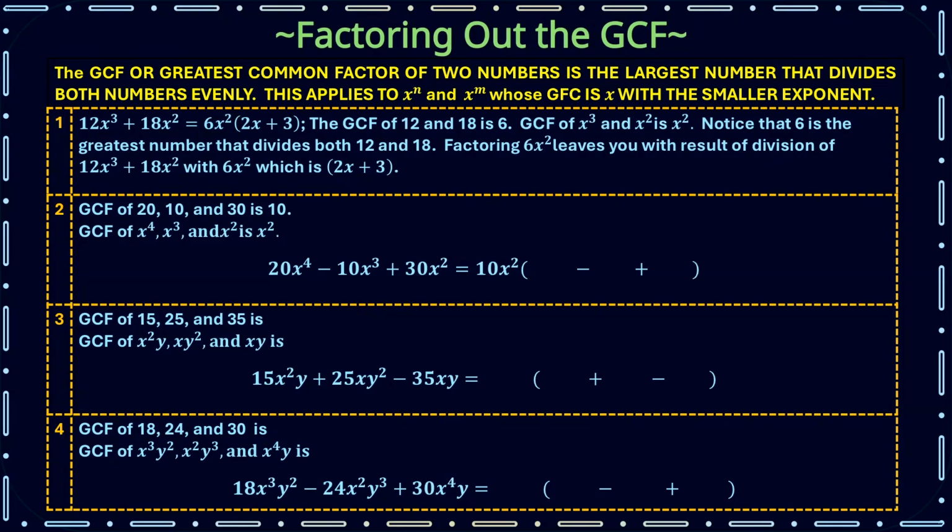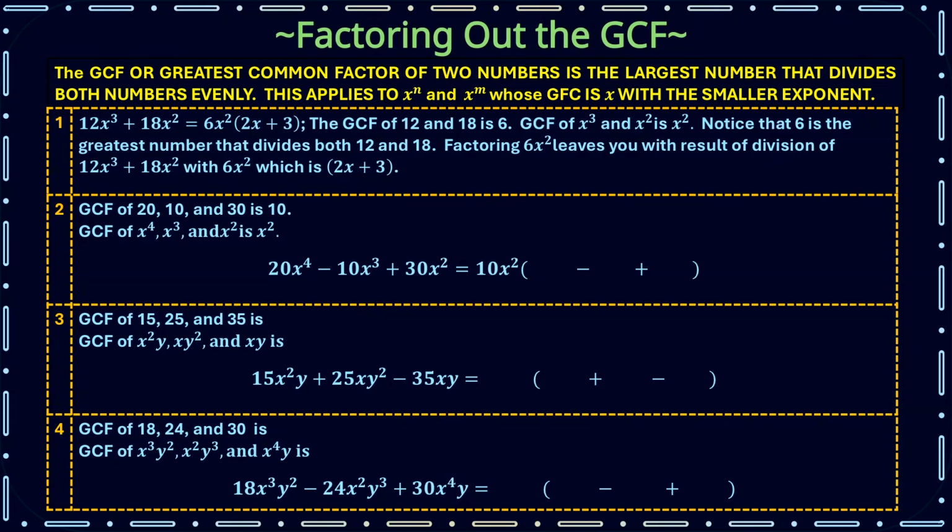To factor it out, you simply take each term and divide by the GCF. Let's start with 12. 12 divided by 6 leaves you with 2. For the first term, x cubed divided by x squared leaves you with x.